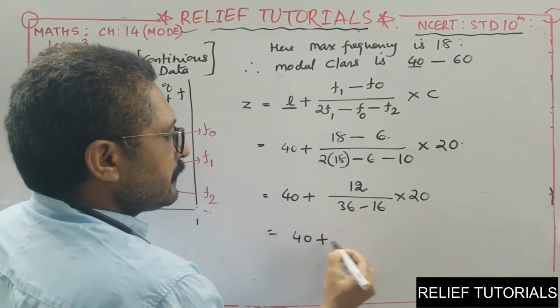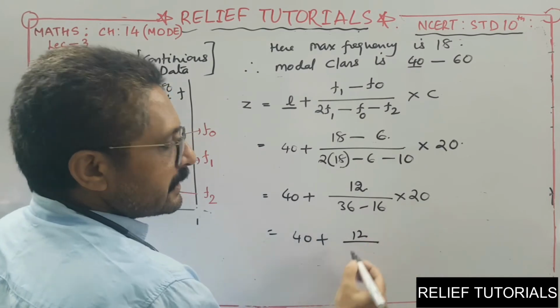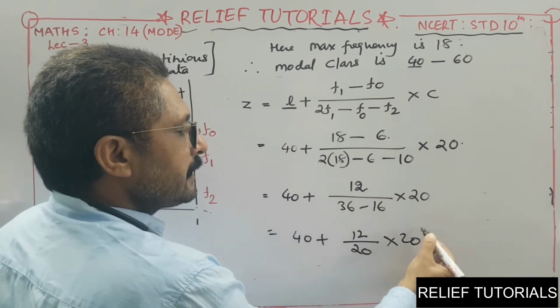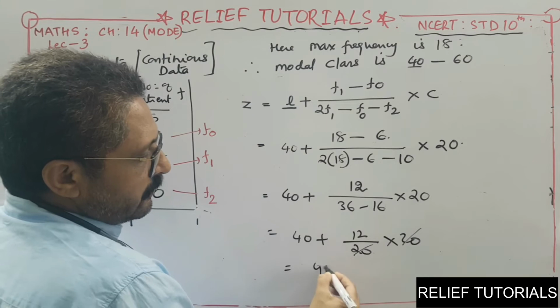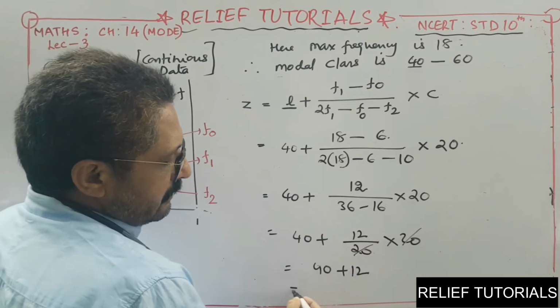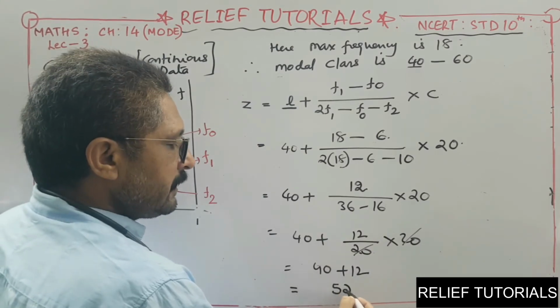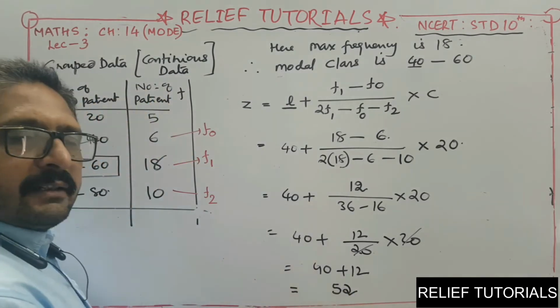So 40 plus 12 upon 20, into 20. The 20s cancel, so 40 plus 12 equals 52. So your mode is 52.